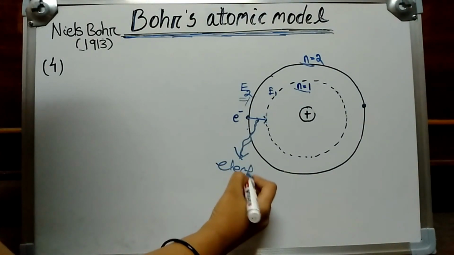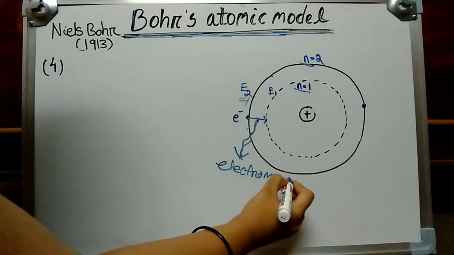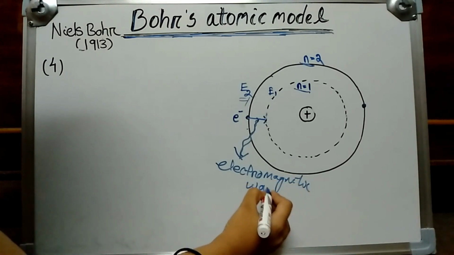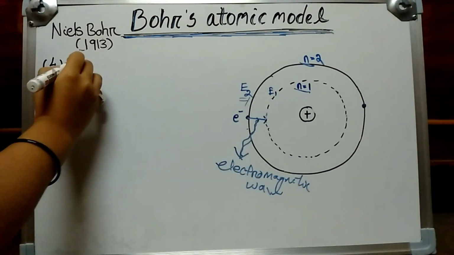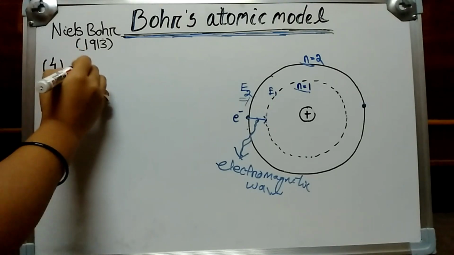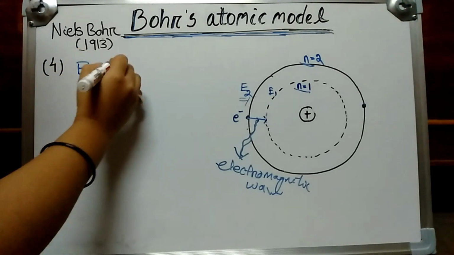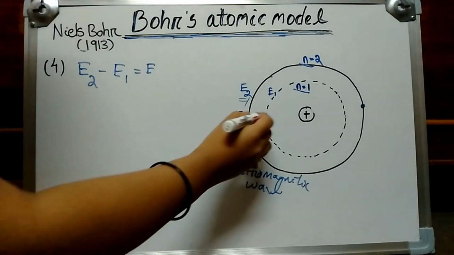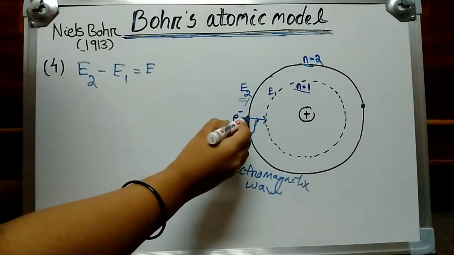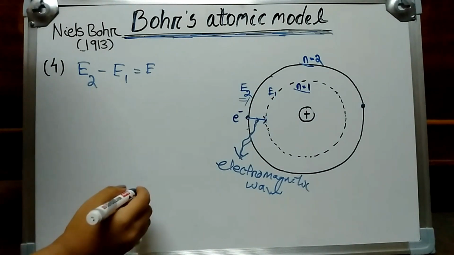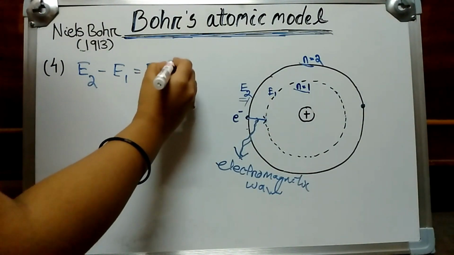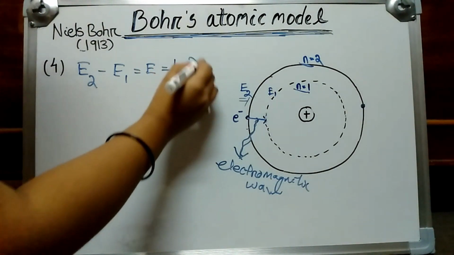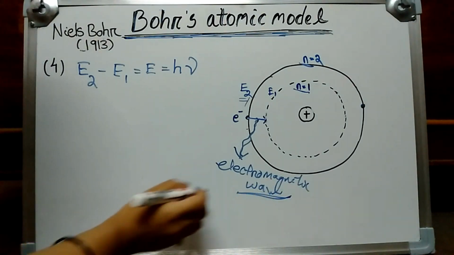At that condition, what is the amount of energy it emits? E2 minus E1 is equal to E. That E is the amount of energy emitted by the electron when it jumps from a high stationary orbit to a low stationary orbit, and E equals h nu, where nu is the frequency of this electromagnetic wave.